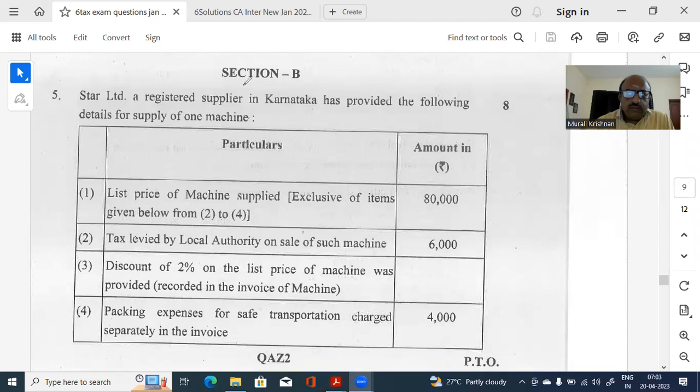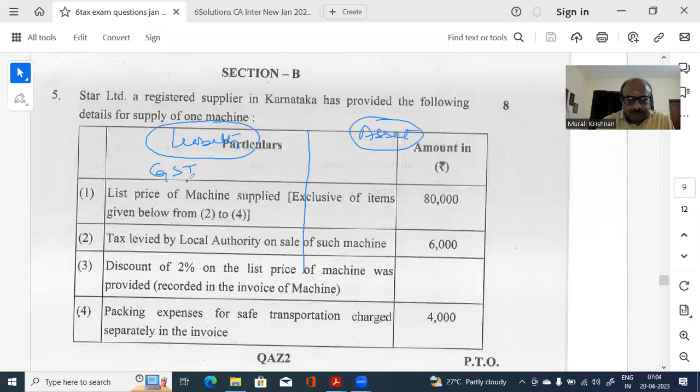The first problem generally is to compute the GST liability. To compute it, let us imagine a balance sheet. This side is the liability and this side the asset, just to understand. When you sell, you create a liability of GST, which is the output liability.